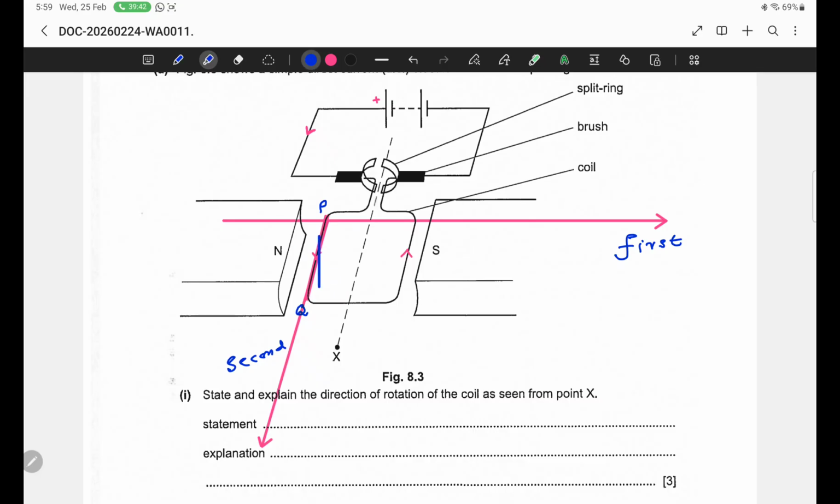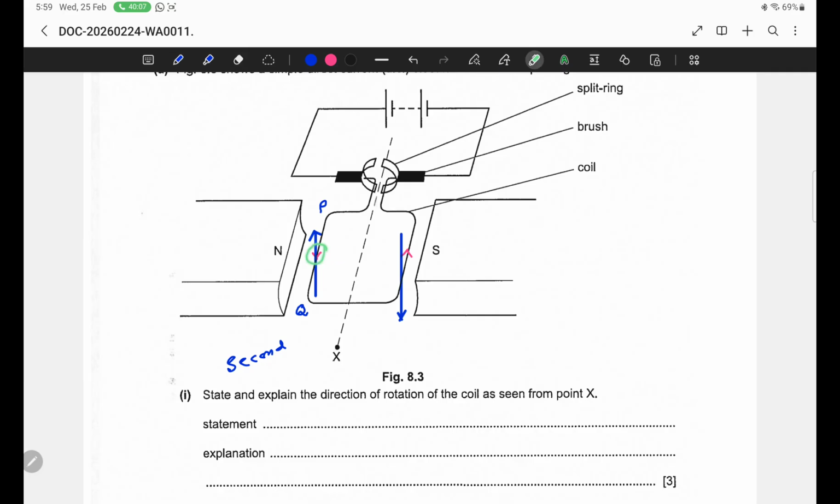So the magnetic force on this side is acting upward, and the magnetic force on this side is acting downward. So I am erasing all other arrows, and now only two arrows I have mentioned. This is the current direction, but the magnetic force is acting like this.